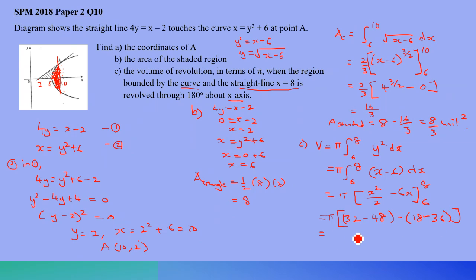Simplify this number, finally you have 2, and don't forget there's a pi, and the symbol is unit cube. This is a question in paper 2 which carries about 10 marks.